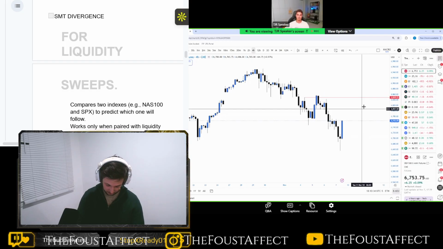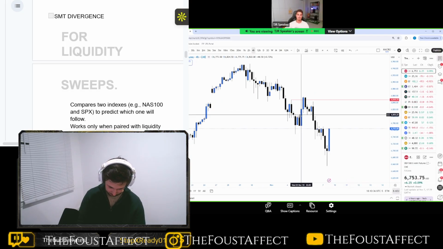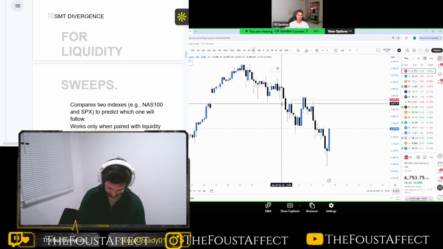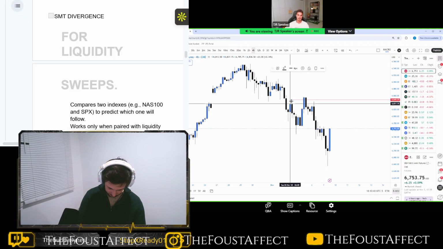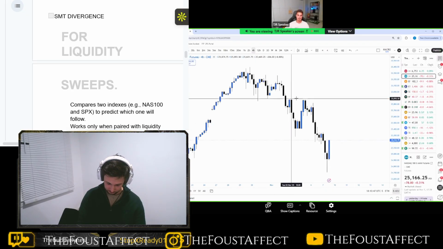So what do we see here? On the S&P 500, we come up and we push above this high. So we have a high right here, and then we have a higher high on the S&P 500. However, on NASDAQ, we have a high right here, and then we end up making a lower high.